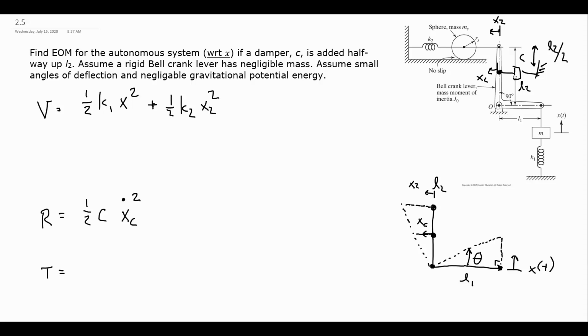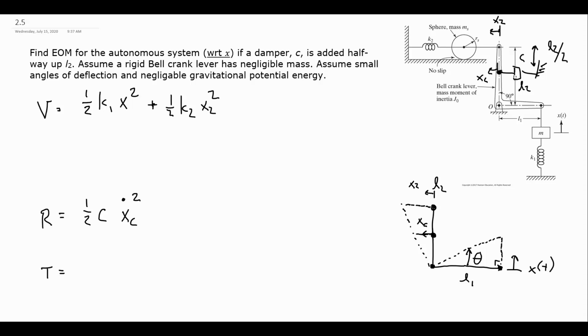And once again, we don't know where the center of mass even is. So much like how we neglected the gravitational potential energy, we're neglecting its translational kinetic energy as well. However, it does rotate and it does have a non-zero mass moment of inertia. So there will be rotational kinetic energy in the bell crank lever. So that's the second term we're going to have in our kinetic energy.